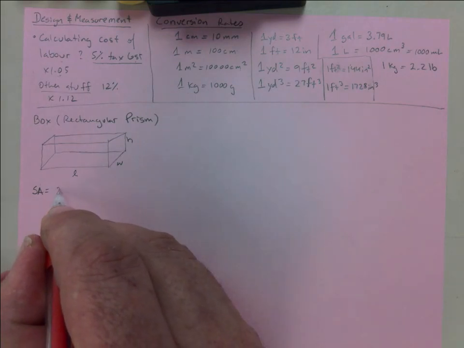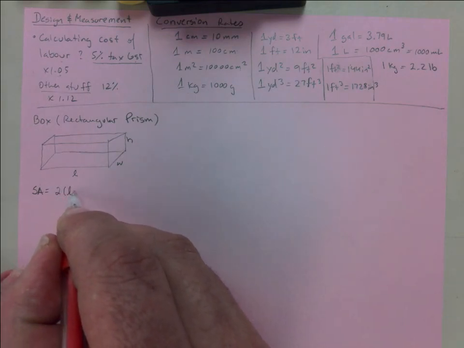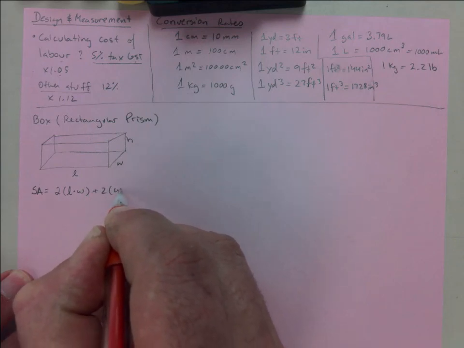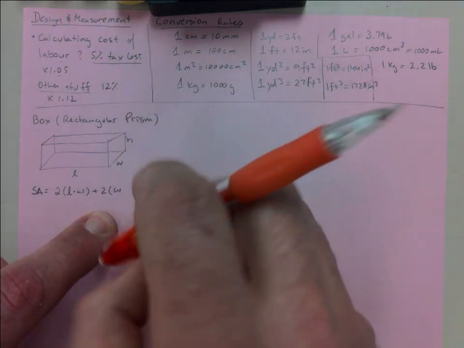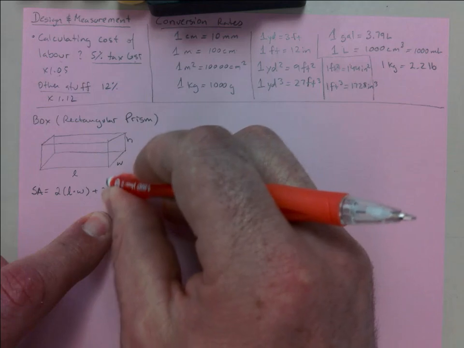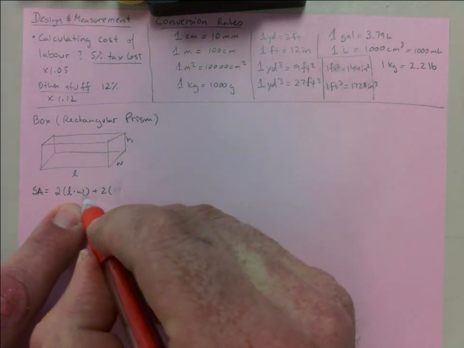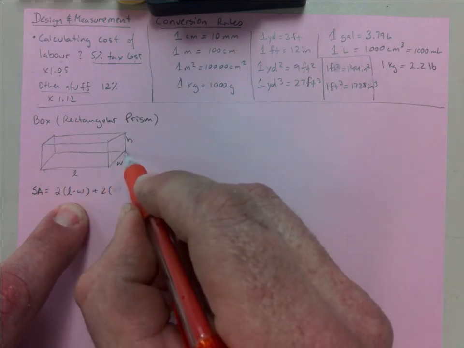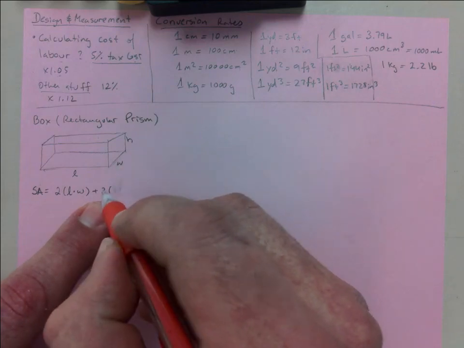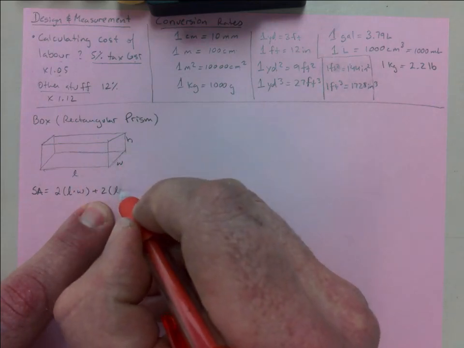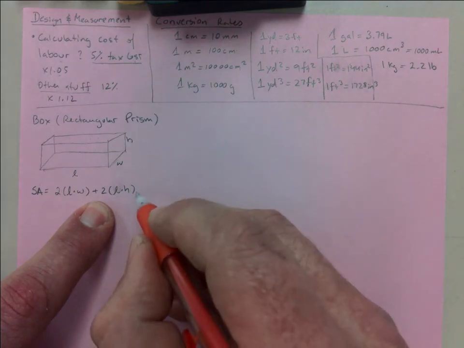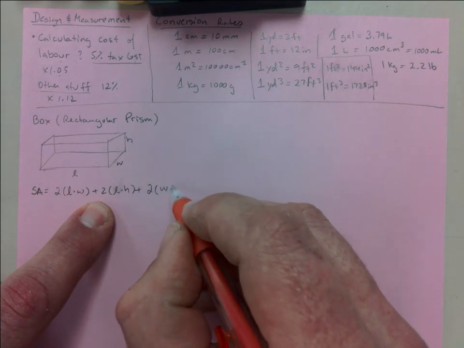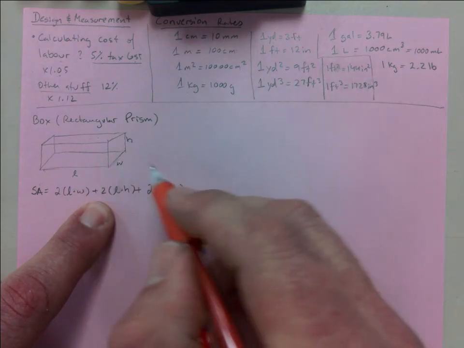So you would go 2 times length times width plus 2 times, well, you know what, it doesn't really matter which order you do them in, but I will go length and width is top and bottom, okay, because length and width, right? There's 2 of them. Then there's 2 times the length times height, that's front and back. And then it's 2 times width times height. Those are the sides.